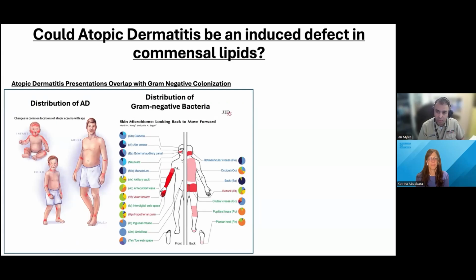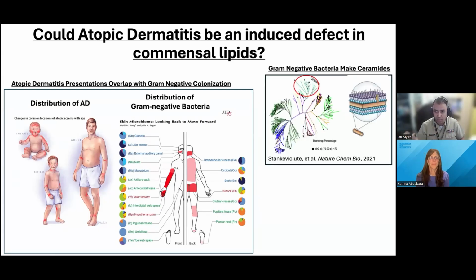And the reason for that is when you go and look at all the different types of organisms in the universe that can make sphingolipids, phospholipids, and ceramides from a microbial standpoint, almost all of them down here are gram-negative organisms. The very few gram-positive organisms that are capable of making sphingolipids are also skin commensals.